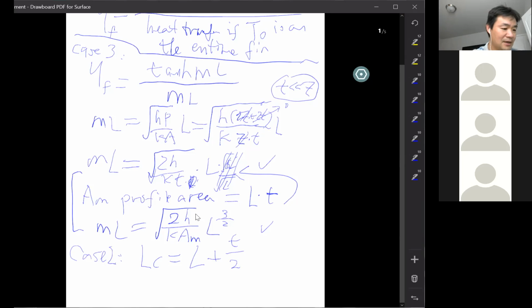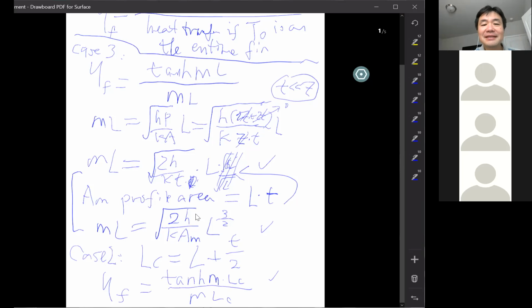Then use this LC instead of L in the efficiency equation. So your efficiency is still the same equation: tanh(M LC) divided by M LC.